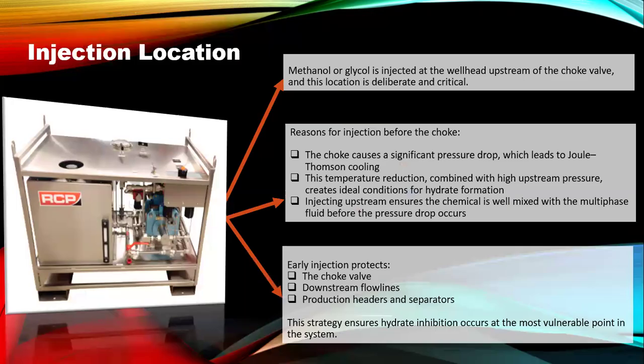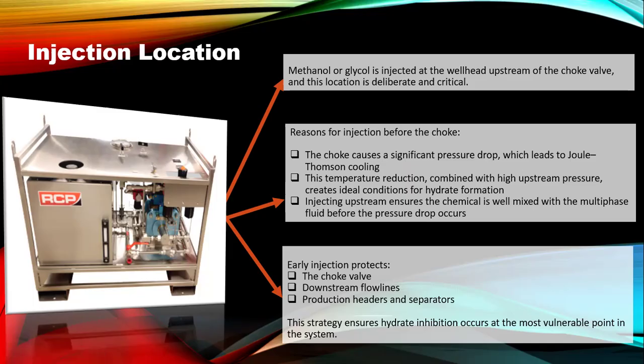So now, methanol or glycol is injected at the wellhead. So mainly we inject this at the wellhead, upstream of the choke valve. And this location is deliberate and critical. The reason for injecting before the choke is that the choke causes a significant pressure drop, which leads to the Joule-Thomson cooling.